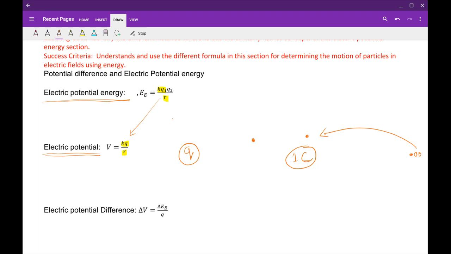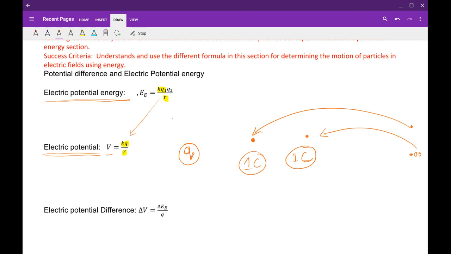And now, if I were to move 1 coulomb to here, there would be a different V value, okay? And essentially, the two V values are properties of the space around this charge.